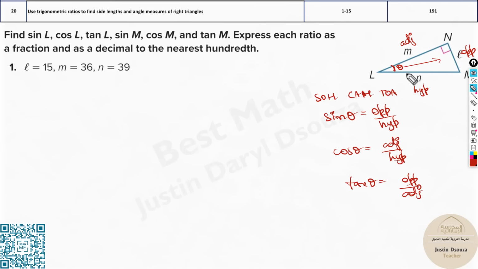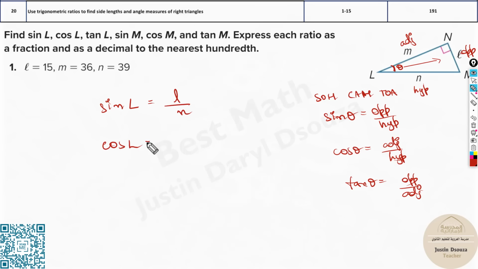Do we know the distance of all? Look over here. All the dimensions are given. I'll write in terms of L and then I will write it out. Sine theta, sine L, will be equal to opposite by hypotenuse.